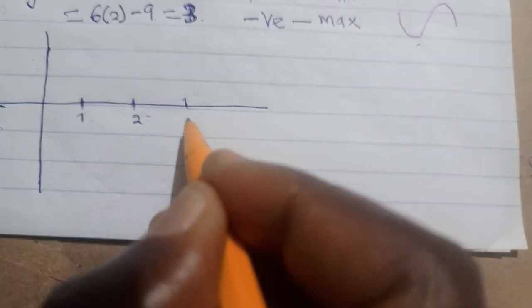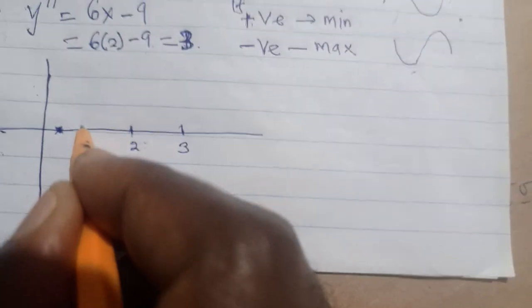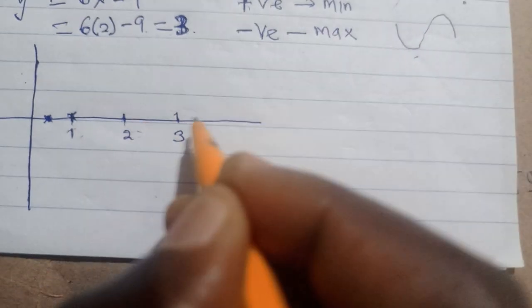So you indicate here: if this is 1, 2, and 3, then the x-intercept is at a half, somewhere here, then at 1, and at 3.